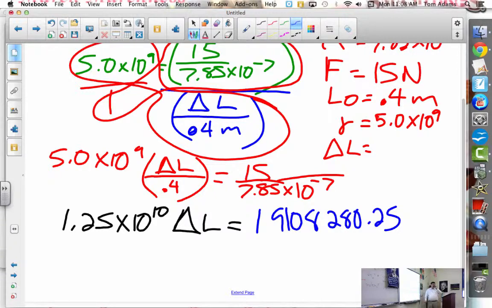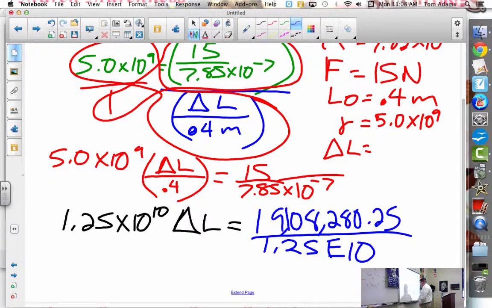What do I have to do to get delta L by itself? I'm going to divide both sides by 1.25 times 10 to the 10th, right?